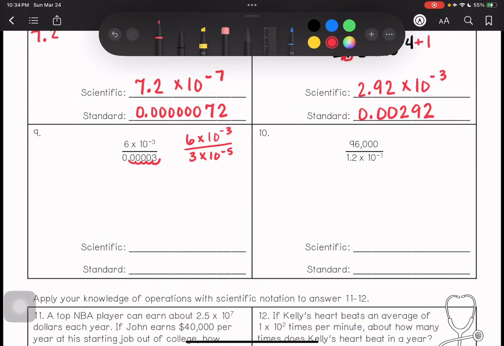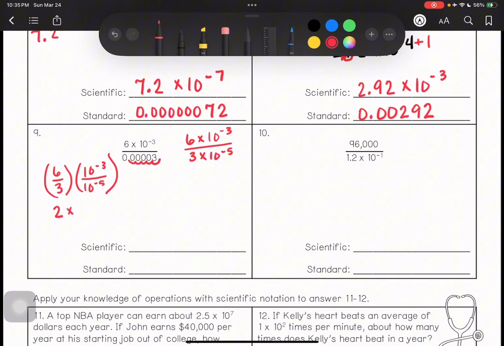So now I want to divide 6 divided by 3, times 10 to the negative 3 divided by 10 to the negative 5. 3 goes into 6 2 times.